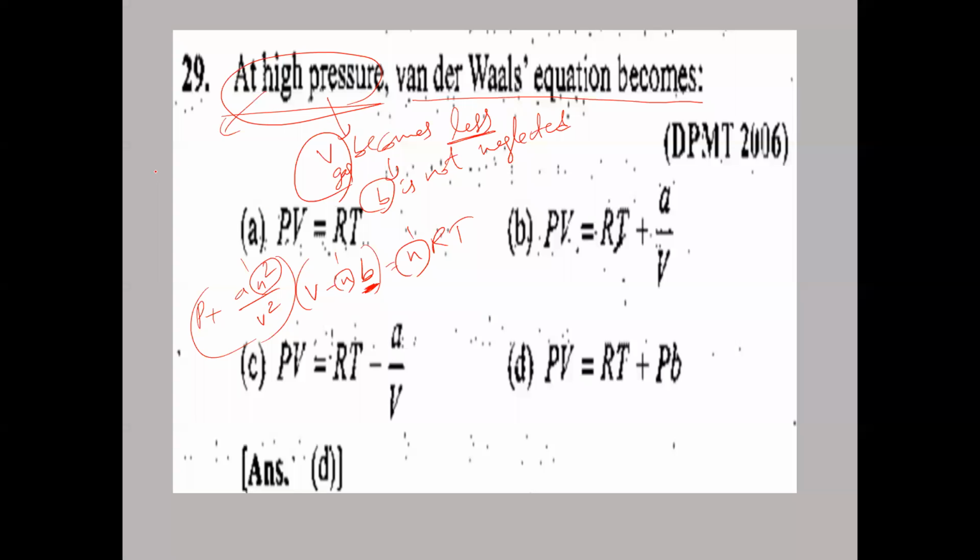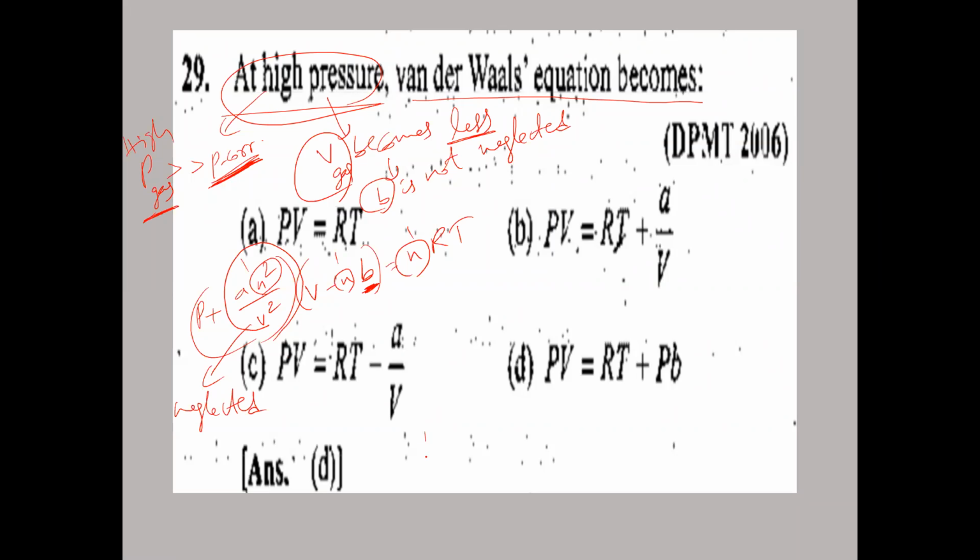High pressure means the pressure of the gas is high, and in comparison to the high pressure of the gas, the pressure correction becomes very less. So the pressure correction can be neglected in the given high pressure condition.